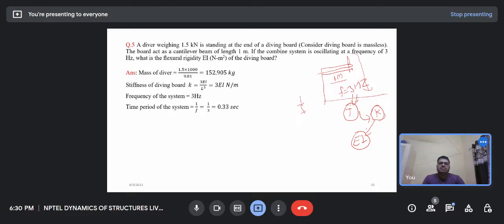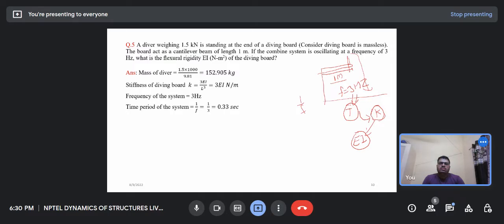The weight is given as 1.5 kilonewton, so you can calculate the mass of the system as weight divided by 9.81.